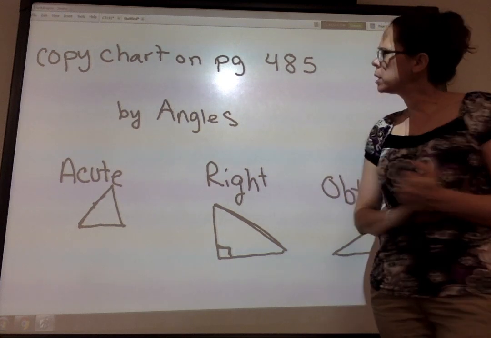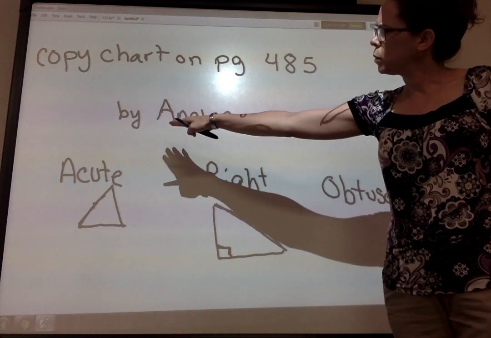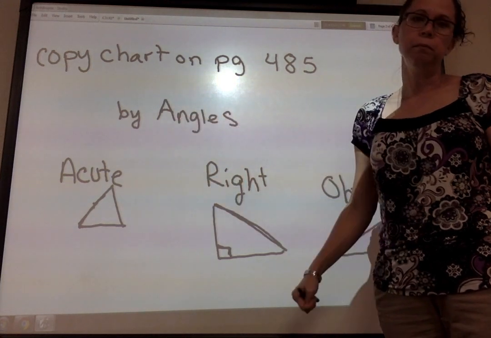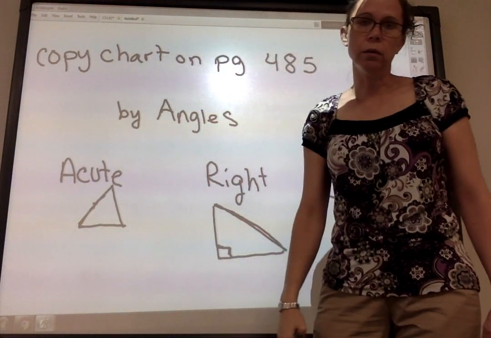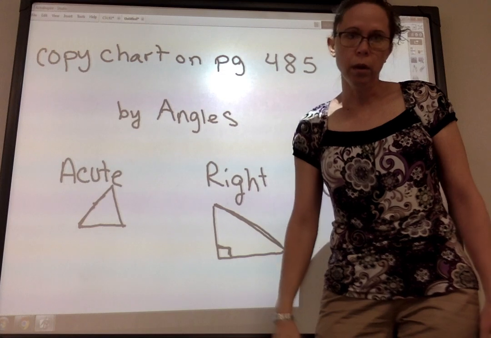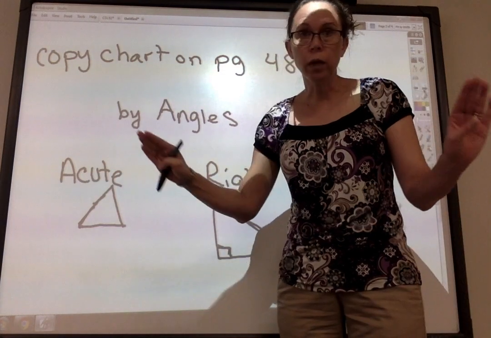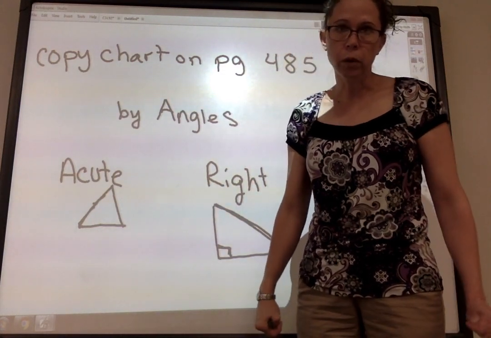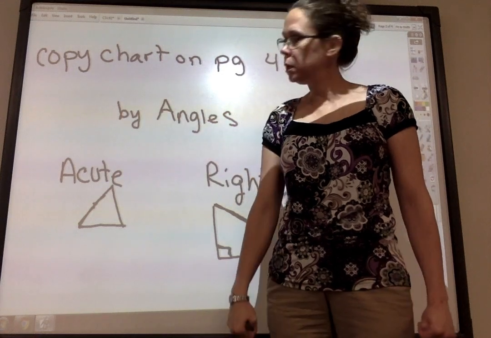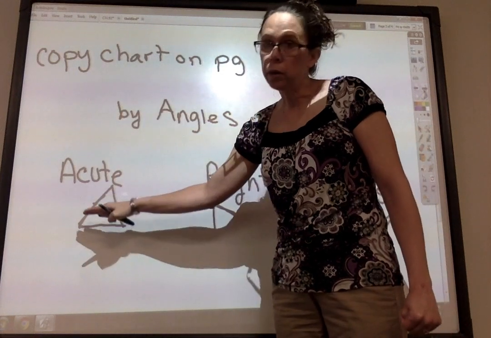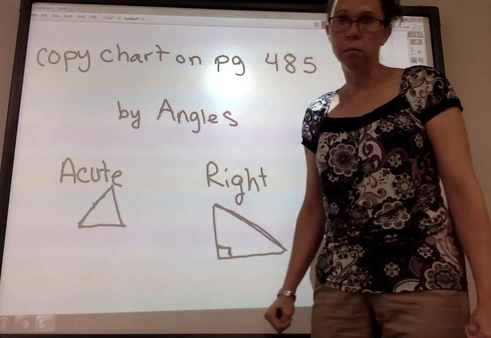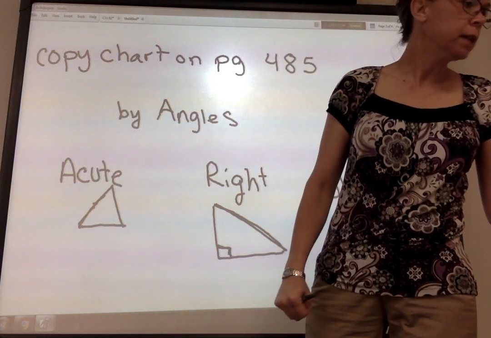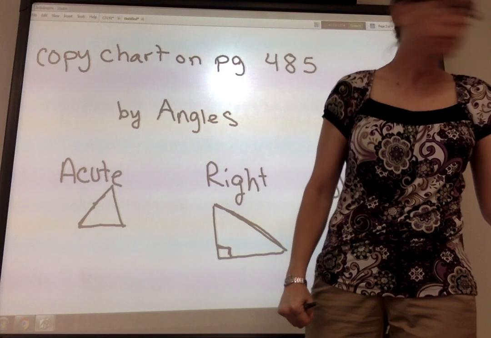Okay. So let's talk about what these triangles mean if we're describing them by their angles, okay? The first kind of triangle is an acute triangle, okay? We know that word acute. Acute triangles only have acute angles in them, okay? Acute angles measure less than 90 degrees. So in an acute triangle, all the angles measure less than 90 degrees, okay? That's an acute triangle.